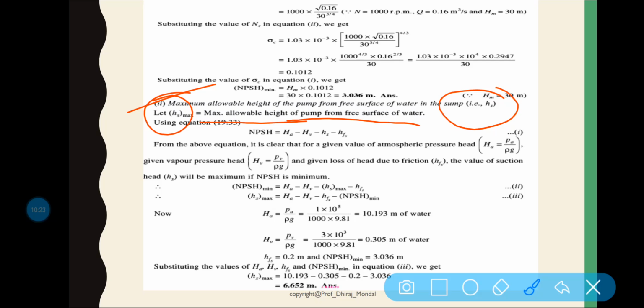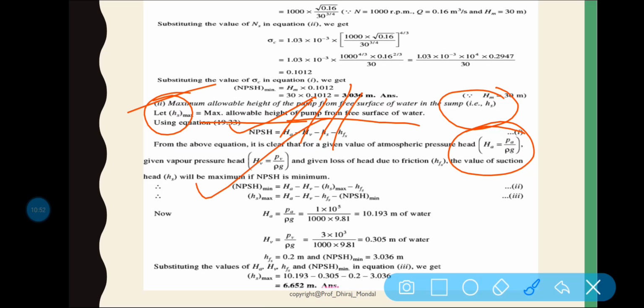Okay, so NPSH is equal to H atmospheric minus vapor pressure head minus HS, that is your suction head, and HFS is your frictional head loss in the suction pipe. Now the atmospheric pressure head is equal to atmospheric pressure by rho g.